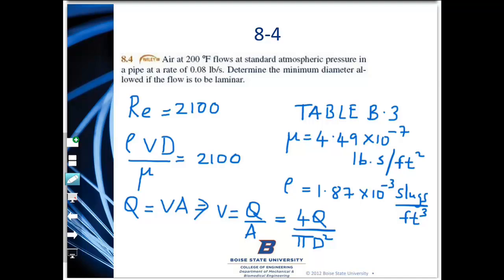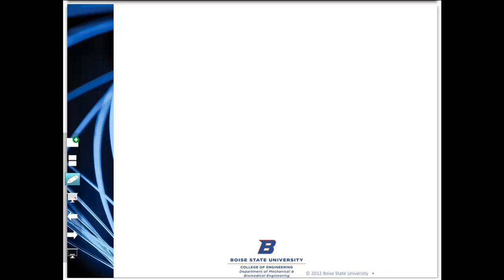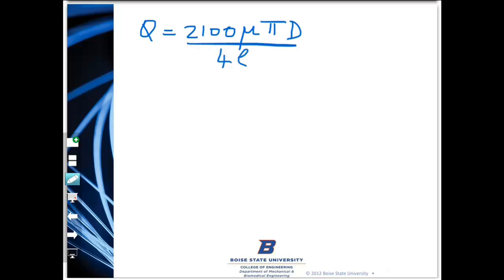Alright, so now in this case I can put that in the Reynolds number form, so I can write Q equals 2100 times viscosity pi d over 4 times rho, okay, where rho is your density.